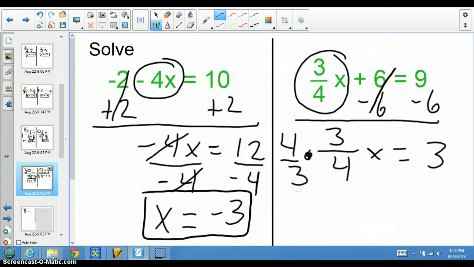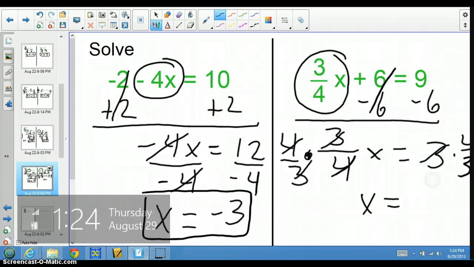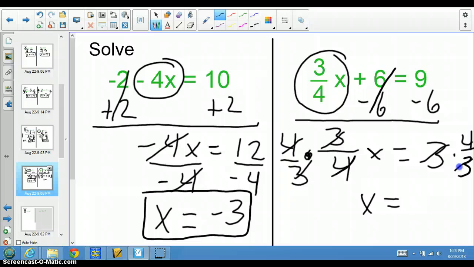Remember, the reciprocal is where we just flip the numerator and the denominator, the top and bottom number. So on the left side, these will all cross multiply to equal out to 1. And then on the right side, these 3's simplify to 1, and I'm left with 4.